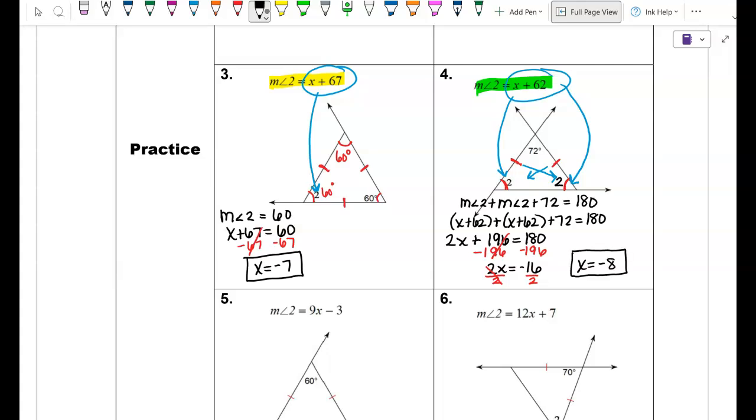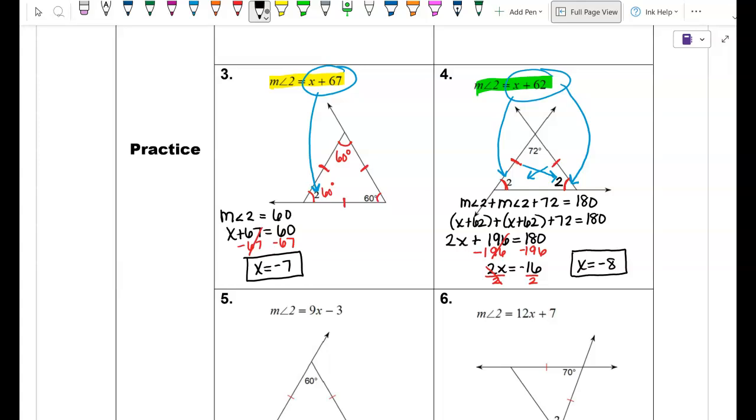And again, it's okay to have a negative value for the variable as long as when I substitute it in, it gives me a positive. -8 plus 62 would be 54. 54 is a positive value. And if I were to take 54 plus 54 plus 72, they would add up to 180.